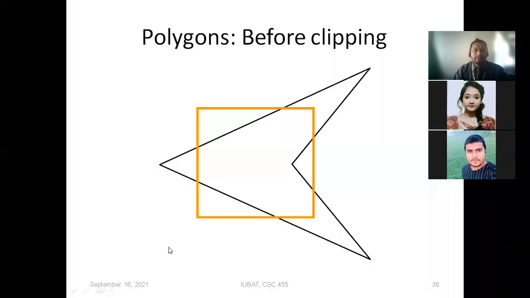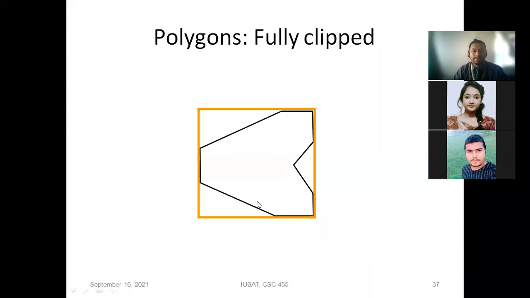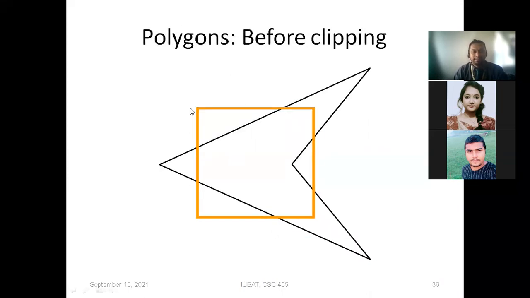So for polygon, as you can see, again we need a window. That window consists of 4 lines, and they also have some points, according to the definition of the window that you can create. Now you see the significance here is that in your polygon, in the cropped part, you have other points at the intersections of this polygon with this window.